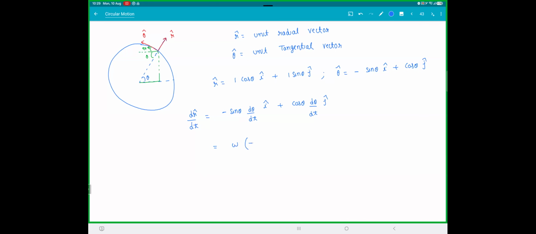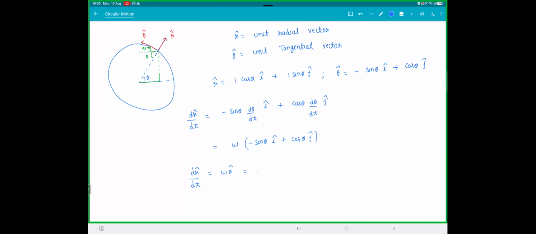And if you observe here, this is minus sin theta i cap plus cos theta j cap, which is your theta cap. If you remember, we proved this. Every time you differentiate a vector, you are going to get a vector which is rotating 90 degrees anti-clockwise. So when you differentiate a radial vector, we get omega theta cap.